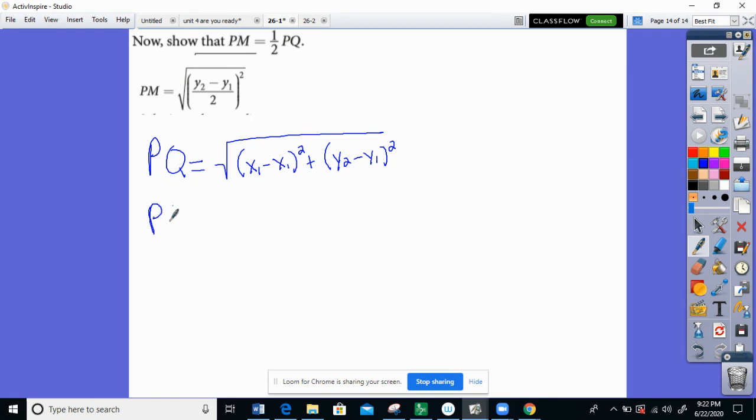Hey, that's pretty nice because x1 minus x1 is 0. That's going to go away. So the length of segment PQ is just y2 minus y1 squared.